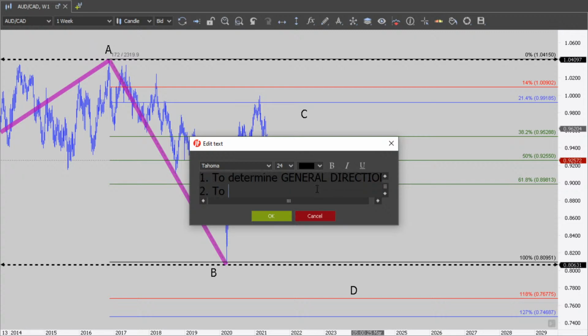Number two, to trade with risk/reward ratio according to the Fibonacci ratios.